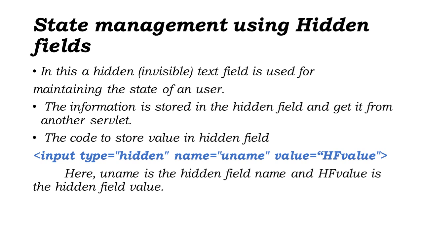The following code shows the HTML code for creating the hidden field. In this, uname mentions the hidden field name and HF value is the hidden field value.